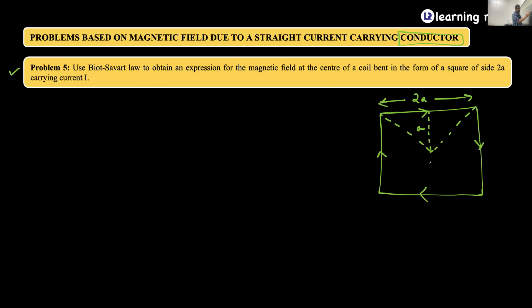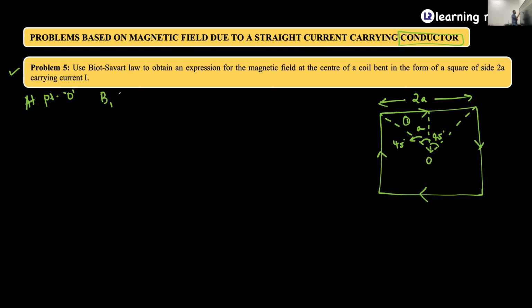Since I'm interested to calculate at point O, how much is the angle going to be? This is 45 degrees and this is also going to be 45 degrees. If I take this to be the first conductor, what is the magnetic field at point O?